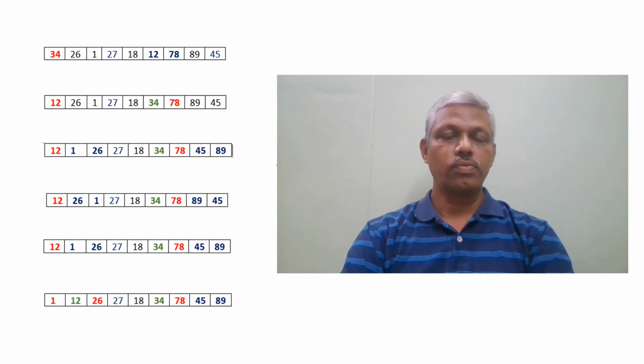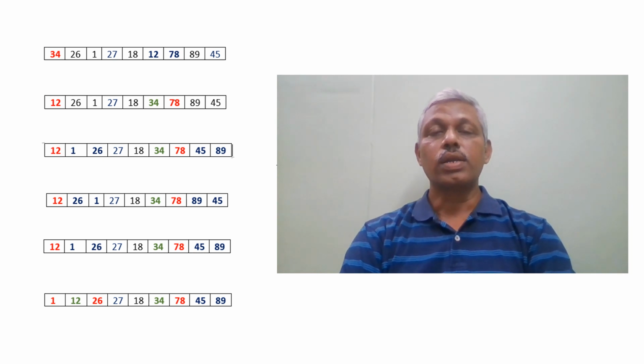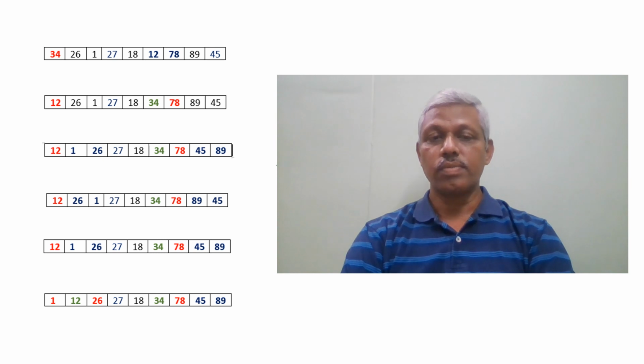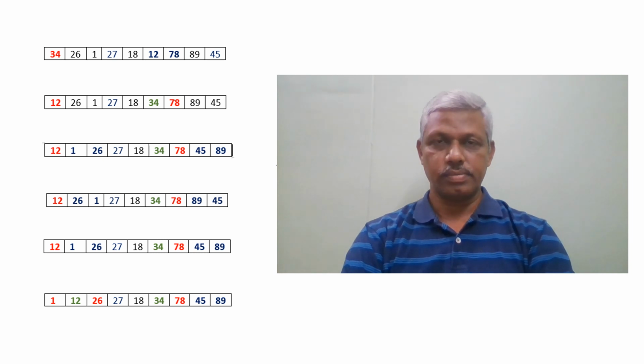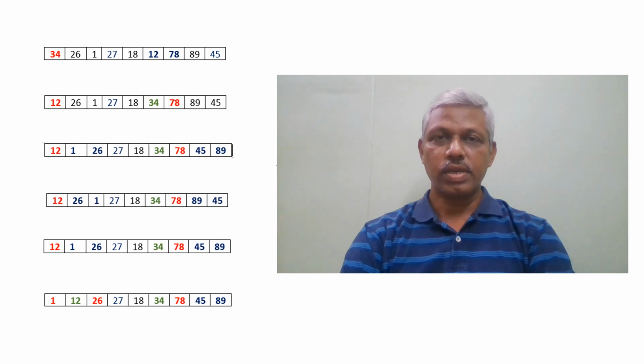So when we encounter an element which is less than 12 from right to left, and an element which is greater than 12 from left to right, 26 and 1 are the elements identified, and they need to be swapped. Once they are swapped, if we keep on increasing the indexes, they cross each other.